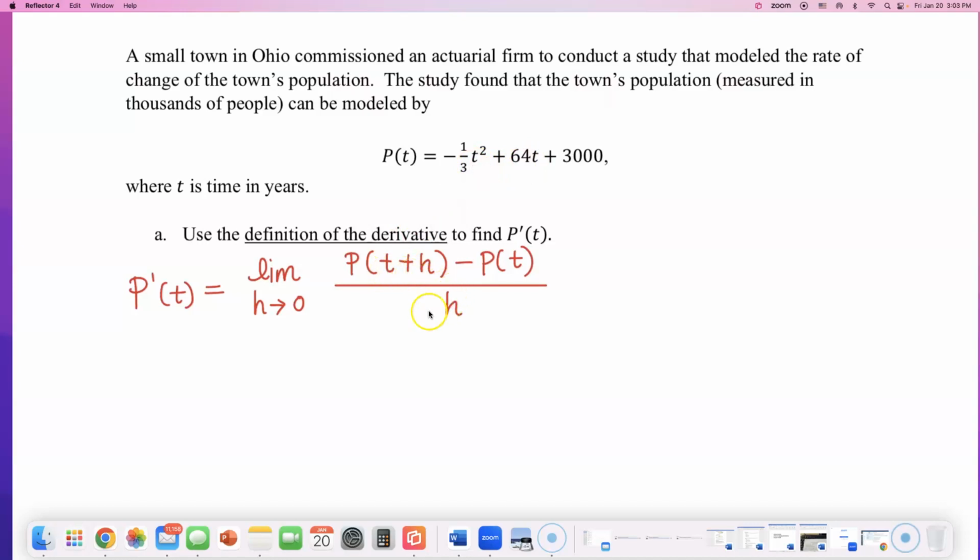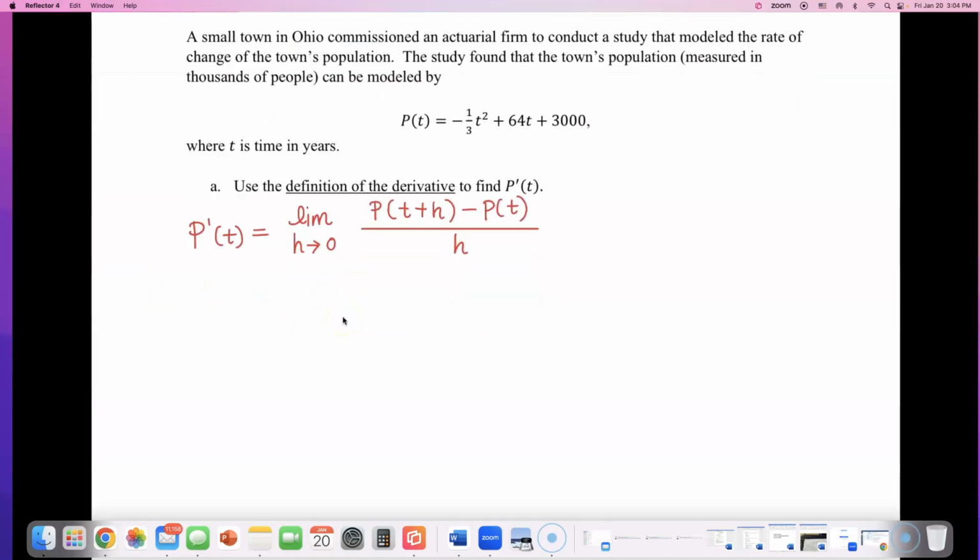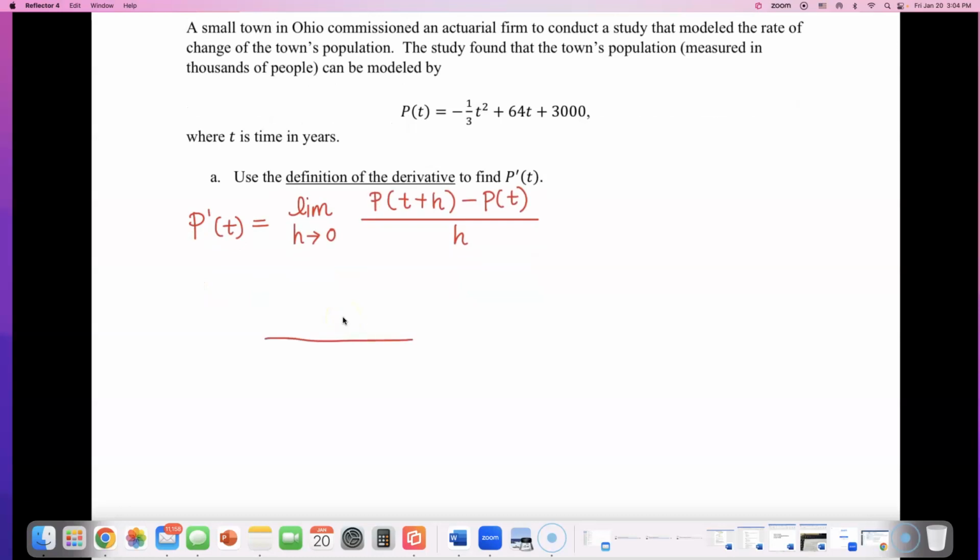So let us find the difference quotient and simplify it. After that, we're just going to plug in h equals 0. Okay? All right, so the difference quotient will be all over h. But the first thing we will need to do is plug in t plus h into this function.